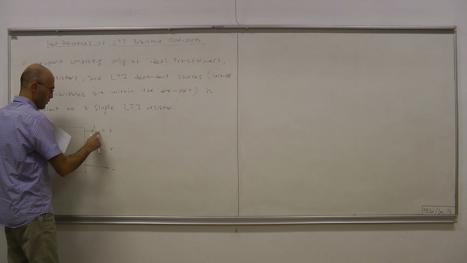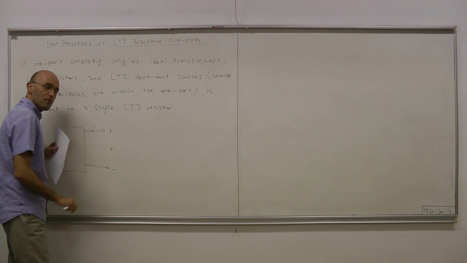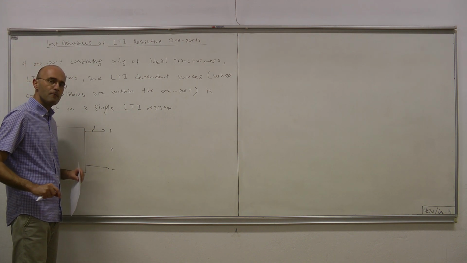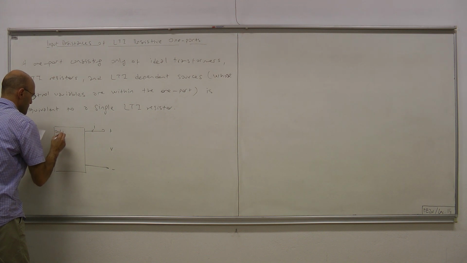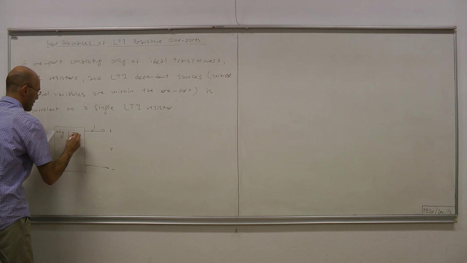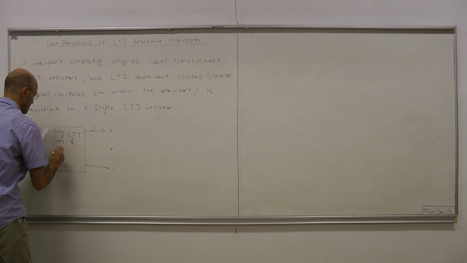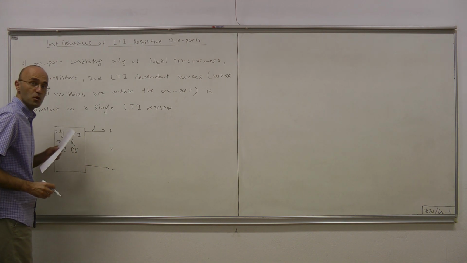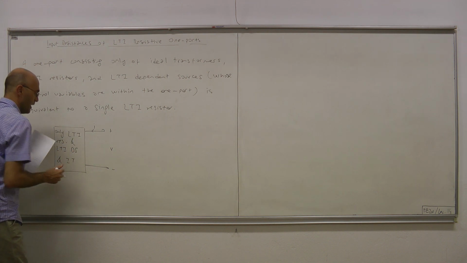By KCL, whatever this current is, the current in that direction, outgoing, must also be equal. Within this box, we have only LTI resistors, LTI dependent sources, and ideal transformers.